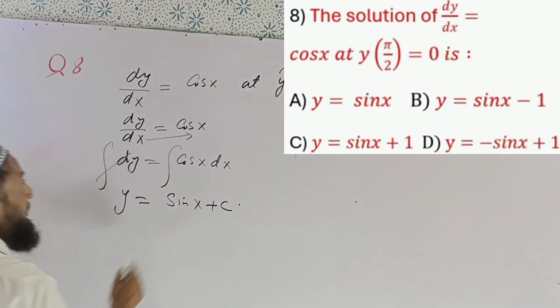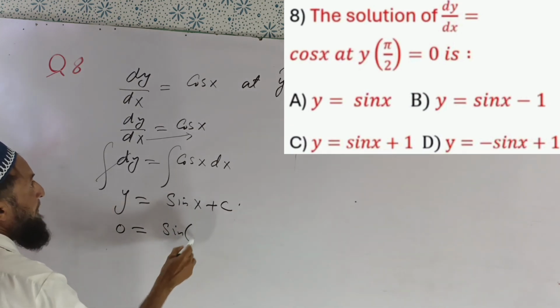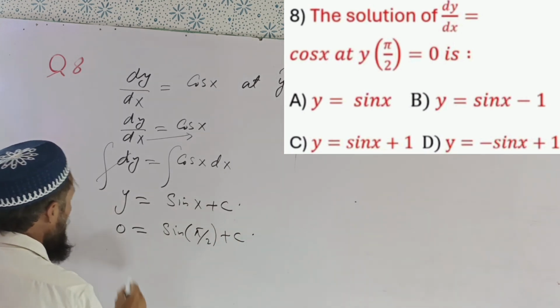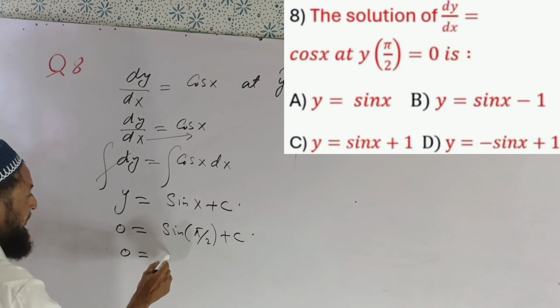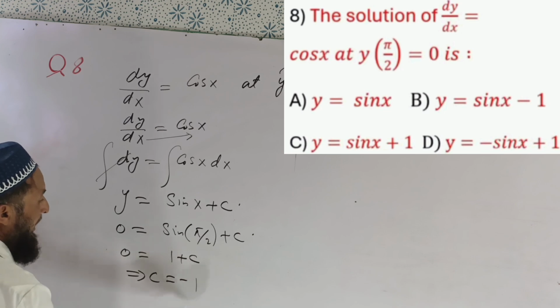So we substitute y equal to 0 and sine pi by 2 plus c. Sine 90 is 1, so 0 equals 1 plus c. So we get c is equal to minus 1.